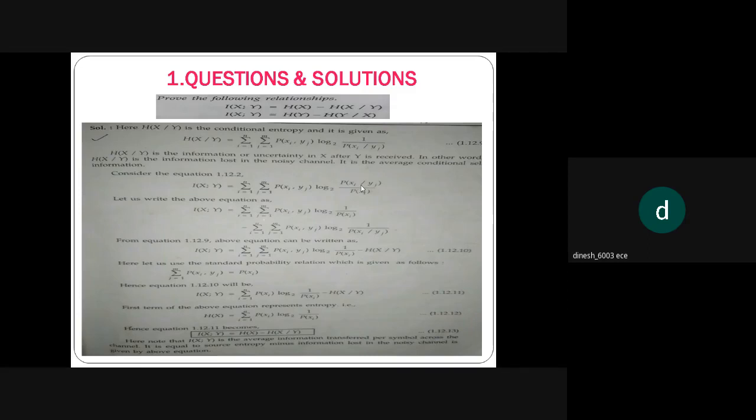Okay, we are separating it in writing. So when you separate it, we'll be writing log to the base 2 p of xi by yj in terms of plus. I require it in some places as minus for proving, so I'm taking inverse of that. So 1 divided by p of xi by yj, where I'll be putting minus in front.